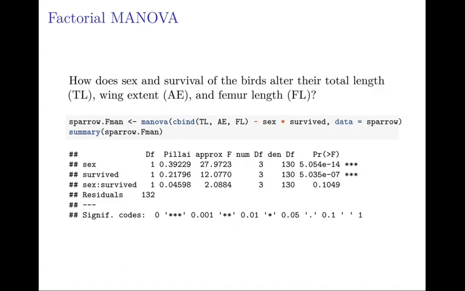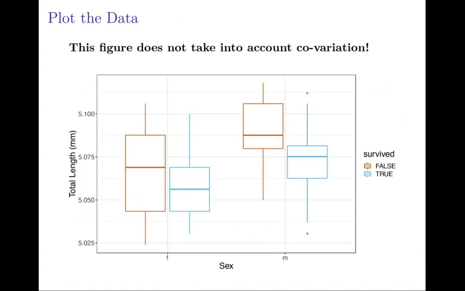So the male and female birds are different from each other when it comes to these three variables, and those that lived and did not live are significantly different from each other in terms of those three variables. But it gets pretty complicated to try to actually understand what that looks like.